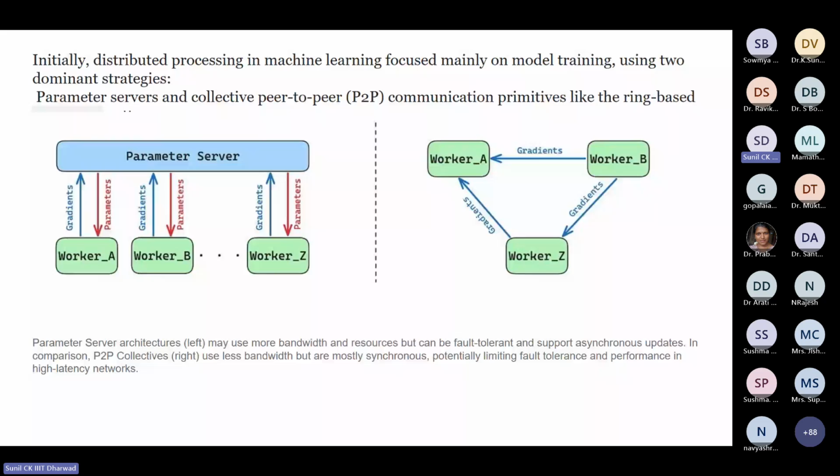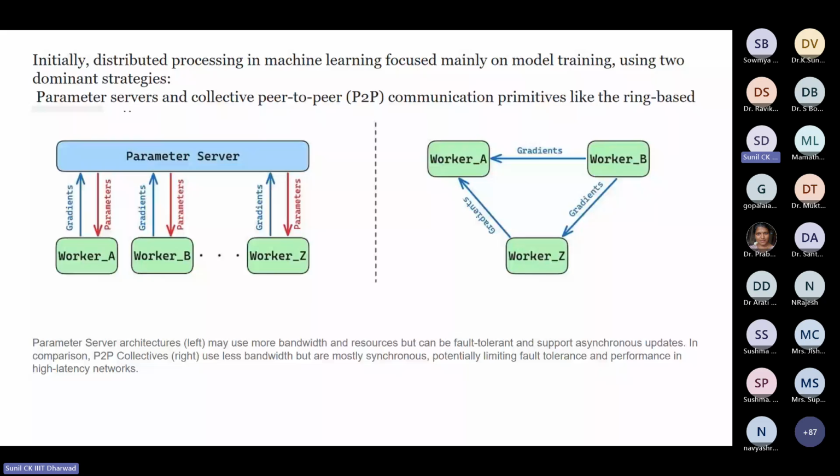Like in big data analytics, where you have a client and server, here too the parameter server works with different workers, like worker A and worker B, or however many workers there are. The gradients and parameters are interchanged with them.